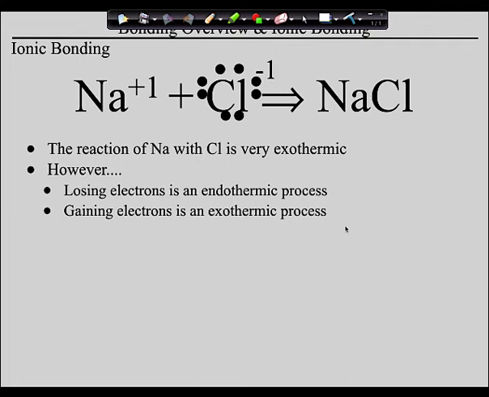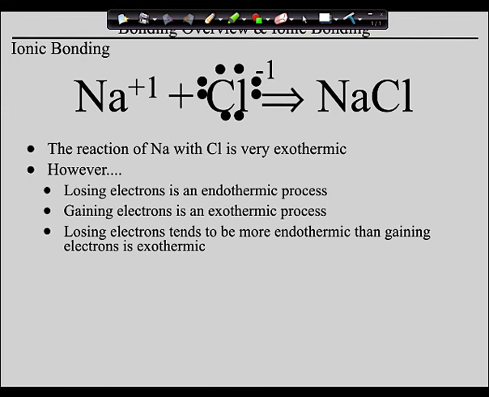So if we're tying this together, because the reaction is exothermic, we would expect the gaining of an electron to be larger in magnitude. Turns out that's not the case. Removing the electron from sodium, in this case, tends to be more endothermic than gaining the electron is exothermic.